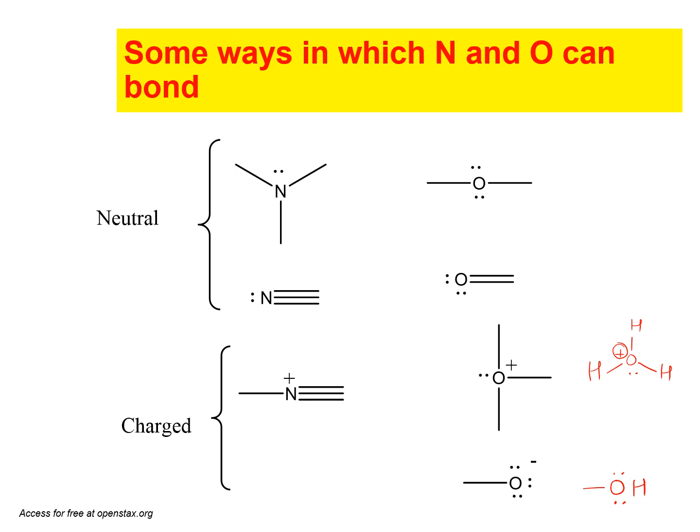Sorry, let me redraw this. Oxygen is forming a single bond to hydrogen, so OH, and then you have the lone pairs of electrons on oxygen giving it a negative charge. These examples you can recall from general chemistry. Similarly, a very common example is that of ammonia.